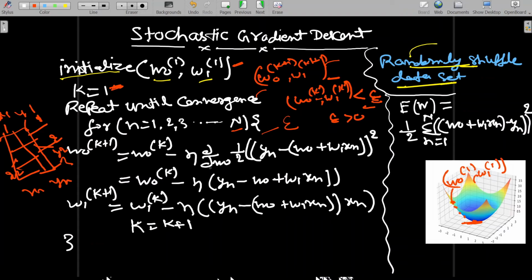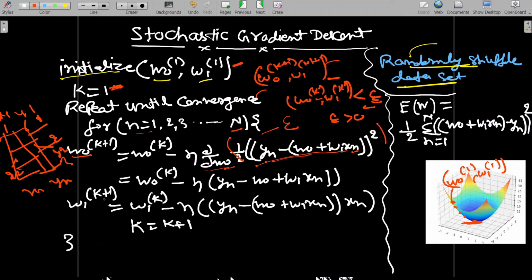Here you can see, to find out w0 k plus 1, we are doing the partial derivative of this error function with respect to w0. But this error function is not the sum of squares of error for all the data points. It is just the square of error for the first data point, which is when n equal to 1.